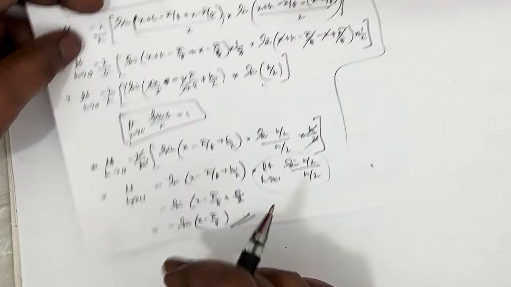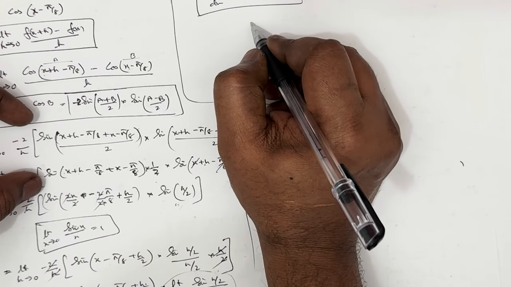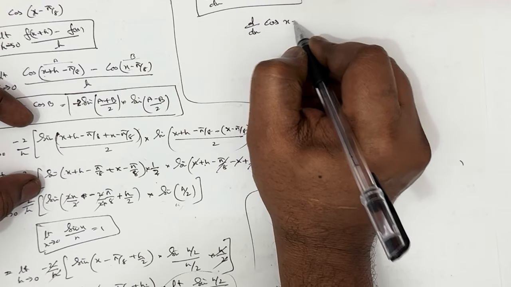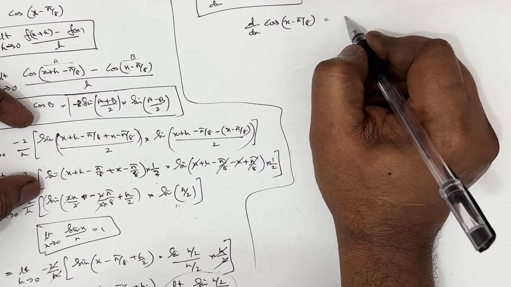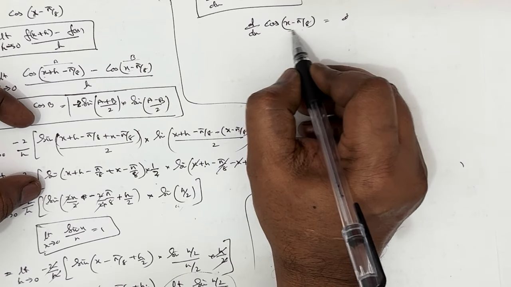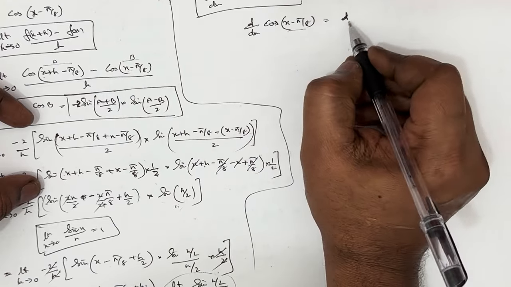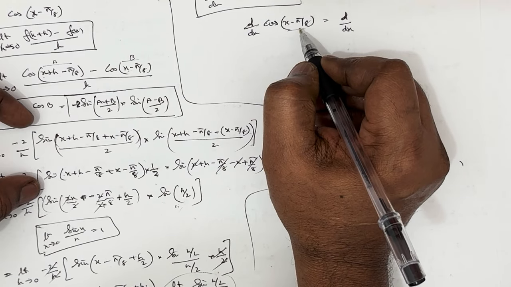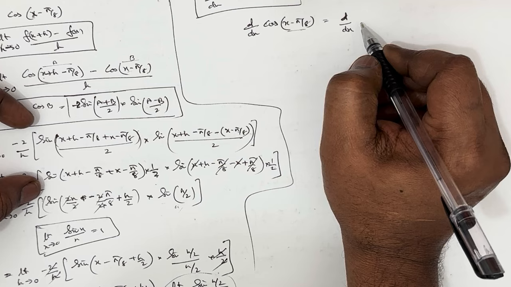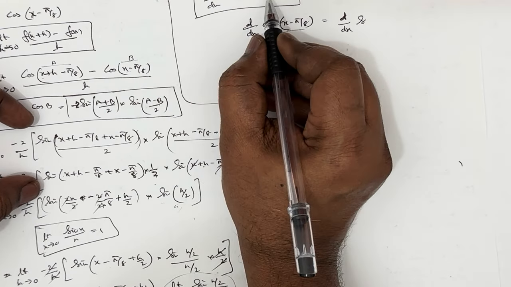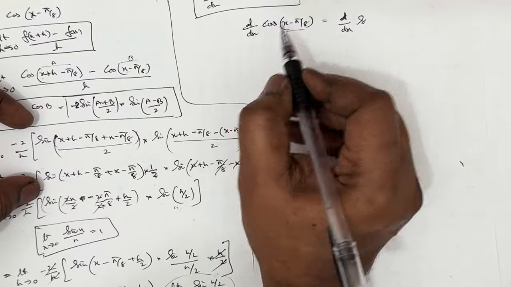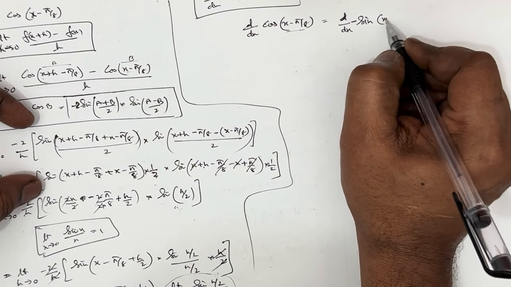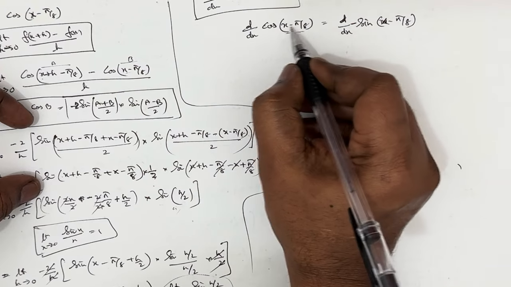Now we'll do this using the general method, that is d by dx of cos of x minus pi by 8. Assuming this to be a single variable x, as the derivative of cos x is negative sine x, in the same way this is negative sine of x minus pi by 8.